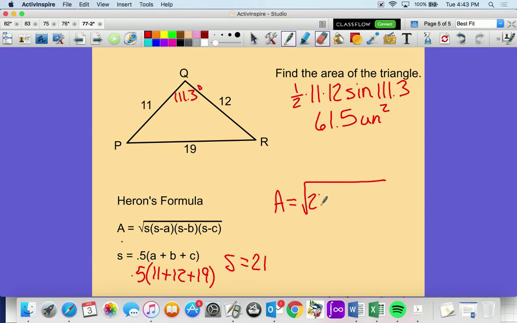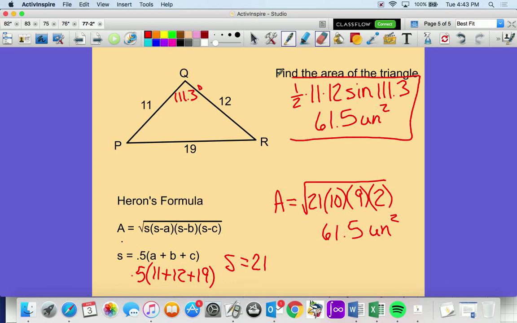So we'd have 21 times s minus a, so 21 minus 11 would be 10. 21 minus 12 would be 9. And 21 minus 19 would be 2. If we multiply those four numbers together, and then take the square root of that, we get an answer of 61.5 units squared.